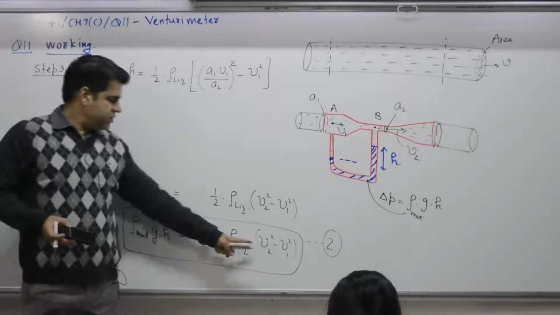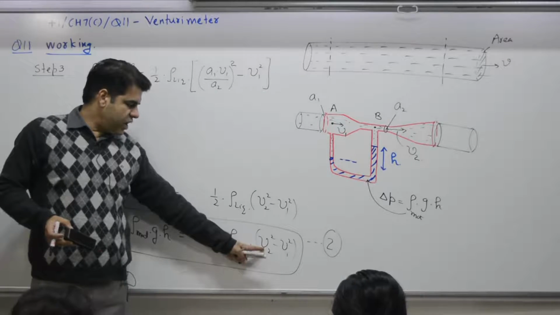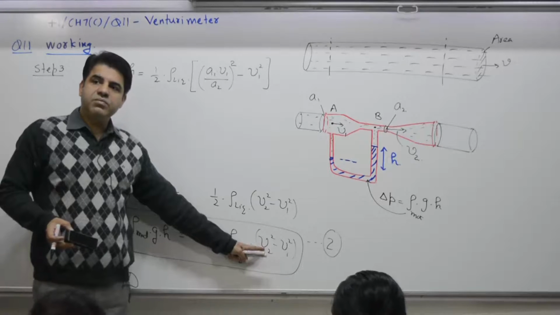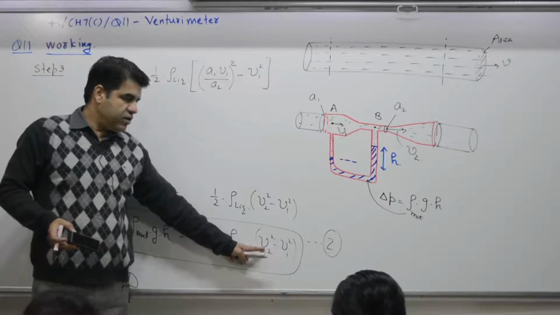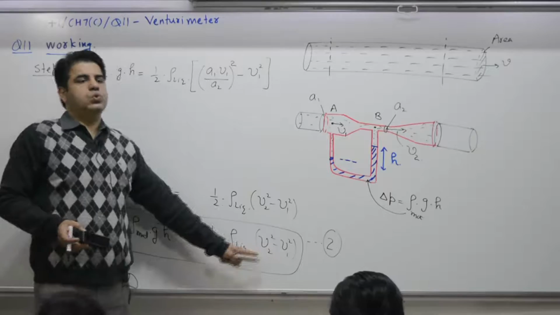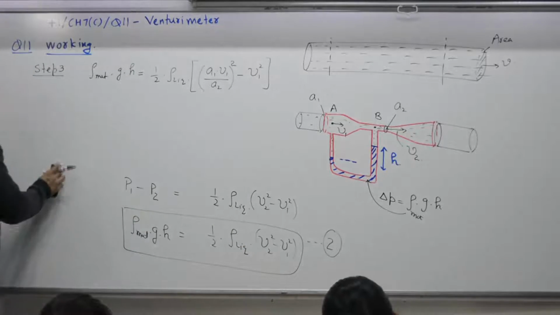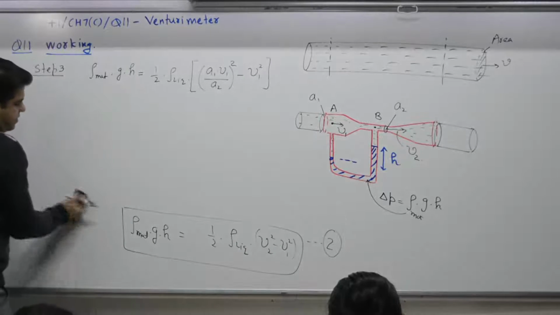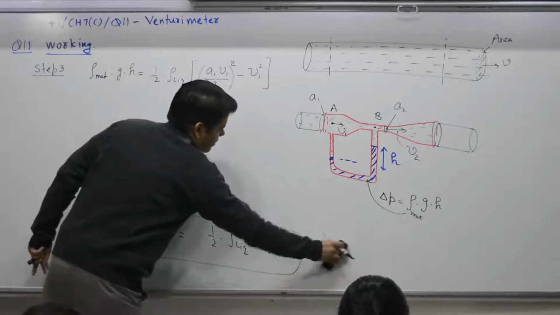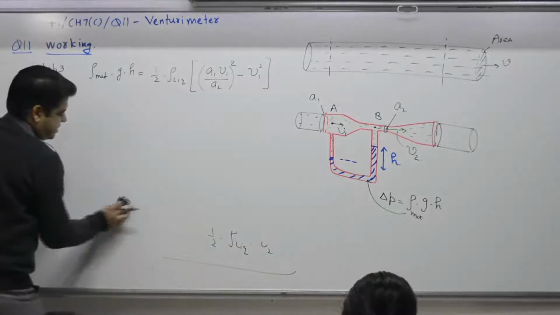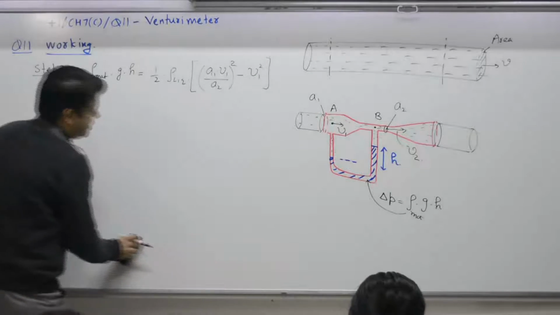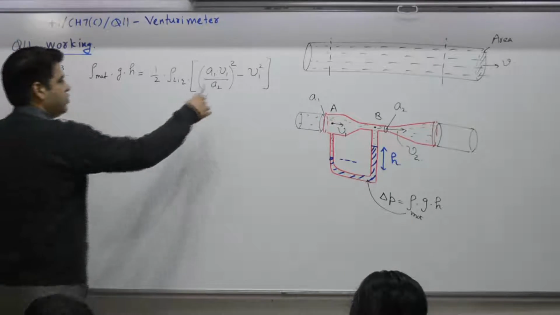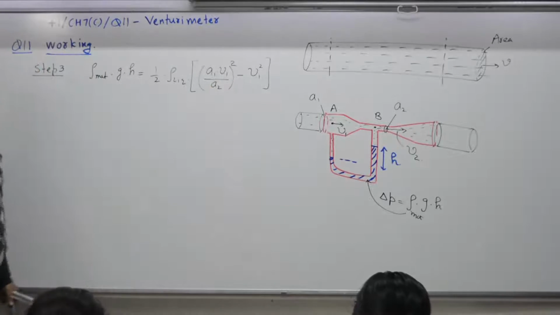What we have done is, you are taking this value of V2 from equation number 1 and putting it in equation number 2. How many unknowns are there now? In this equation, the only thing not known to you is V1. Find V1.